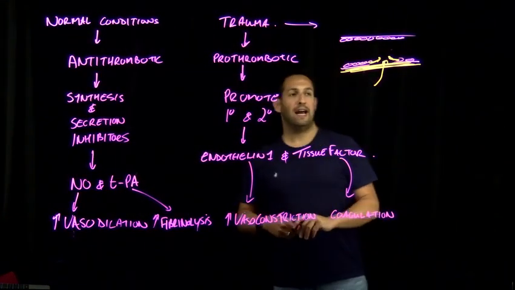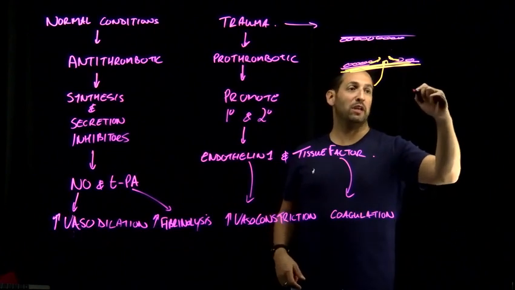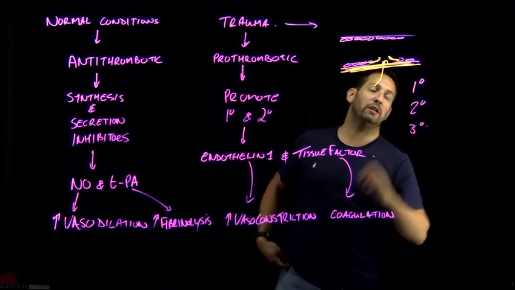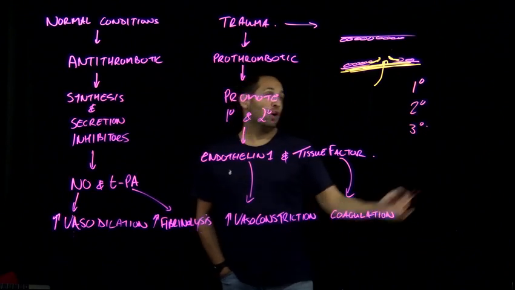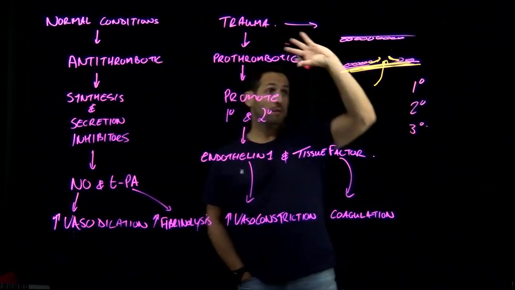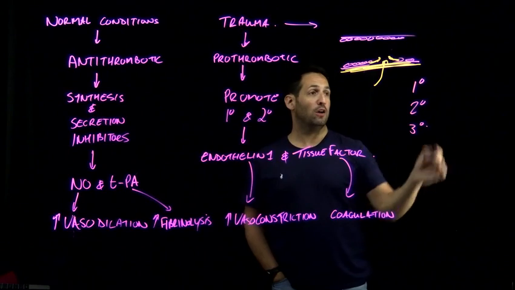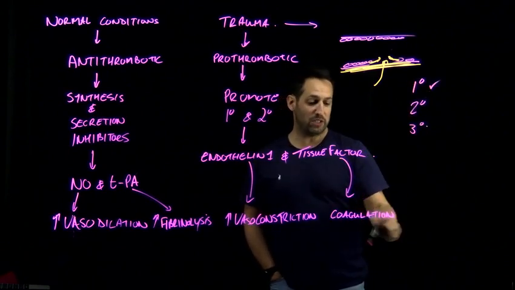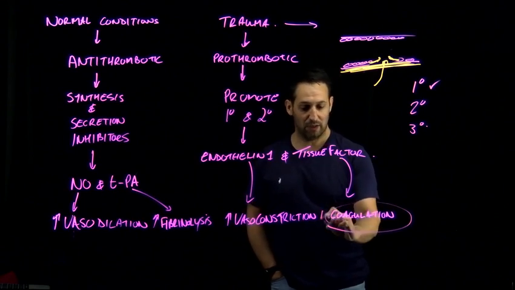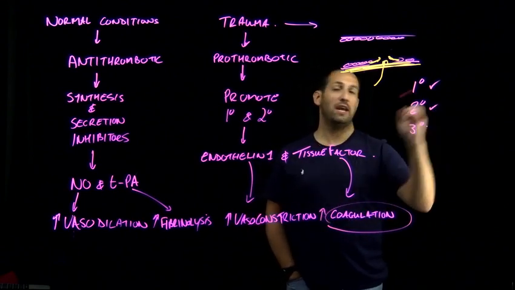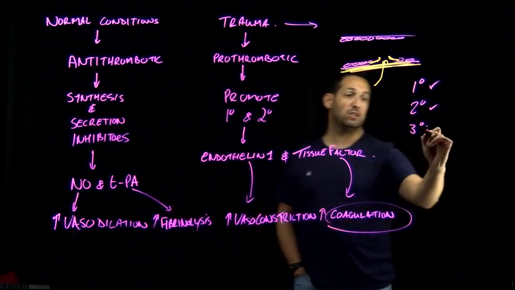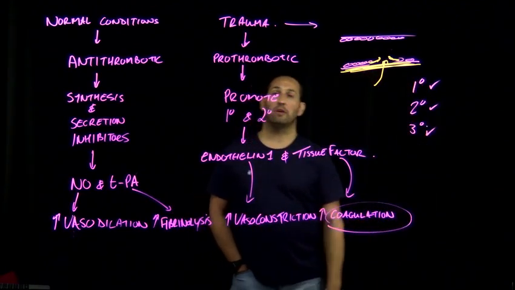So we can see that actually when we talk about these things being primary, secondary, and tertiary hemostasis, what we're doing by priming our vessel to form a clot is primary hemostasis. But even in primary hemostasis, we're taking steps to ensure that secondary hemostasis is going on, and when we were keeping the vessel in normal conditions, tertiary hemostasis was going on as well.